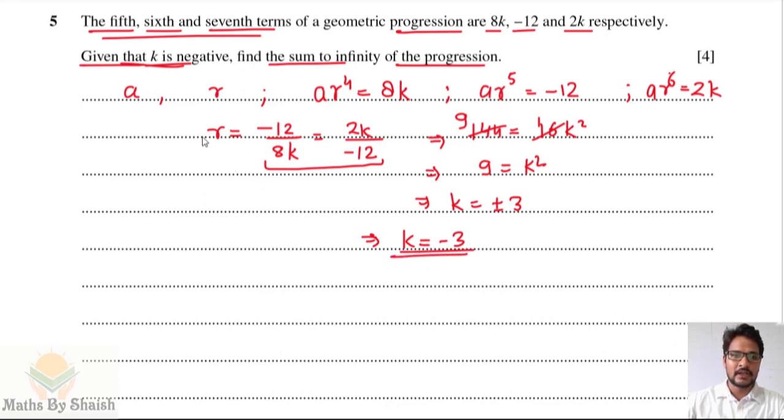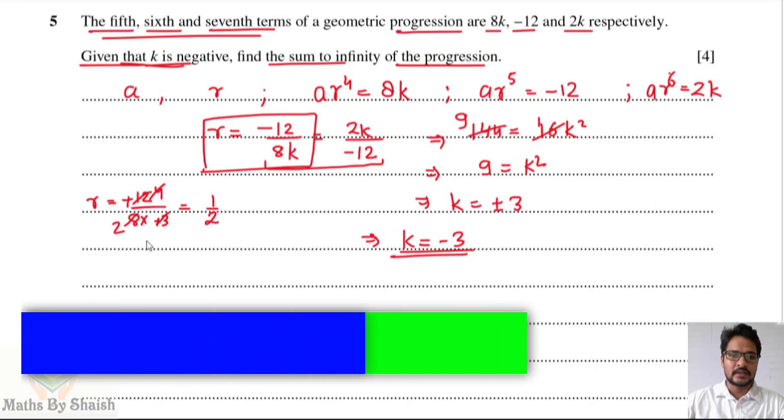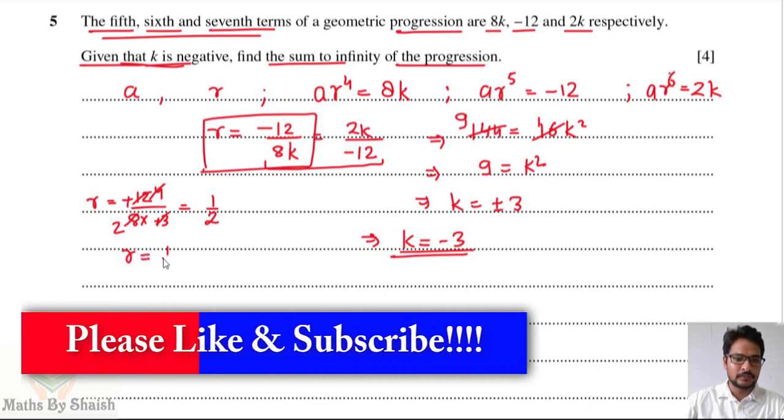Once we have the k value, we substitute it to get r. So r is minus 12 upon 8 into minus 3. Minus minus cancels, 3 fours are 12, and 4 twos are 8, so it becomes 1 upon 2. We got the r value, and now we are left with the a value.